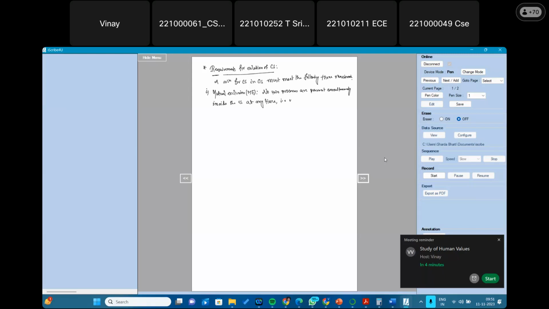That is, only one process is allowed to execute the critical section at any time.